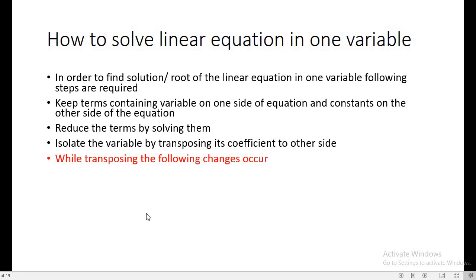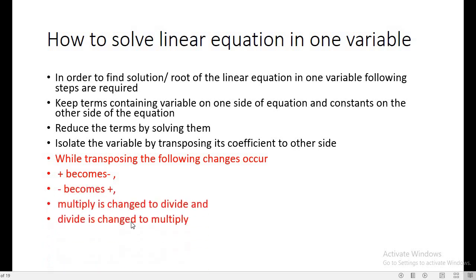Whenever we are transposing, the following changes occur. Plus becomes minus, minus becomes plus, multiply is changed to divide, divide is changed to multiply, and fraction is taken as reciprocal. So whenever we are transferring one term to the other side, there is an interchange of sign of plus and minus.